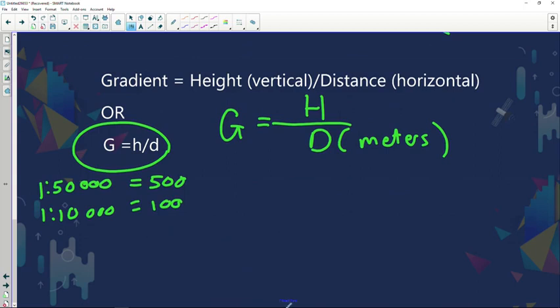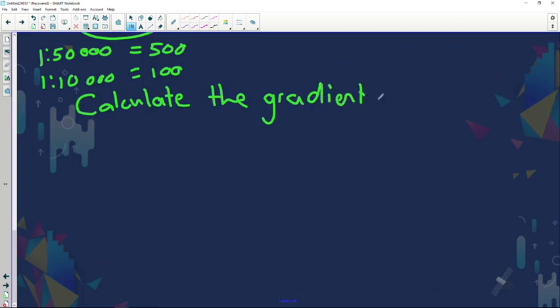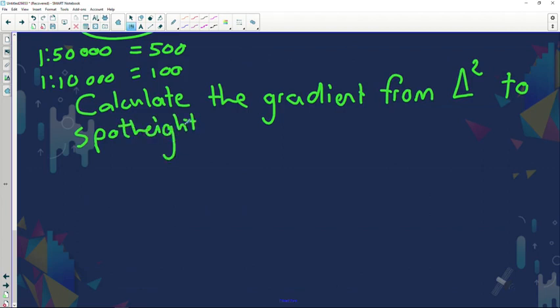Now let's quickly go and look at an example. Let's say, for instance, I ask you, calculate the gradient from tree beacon number 2 to spot height 1,400.